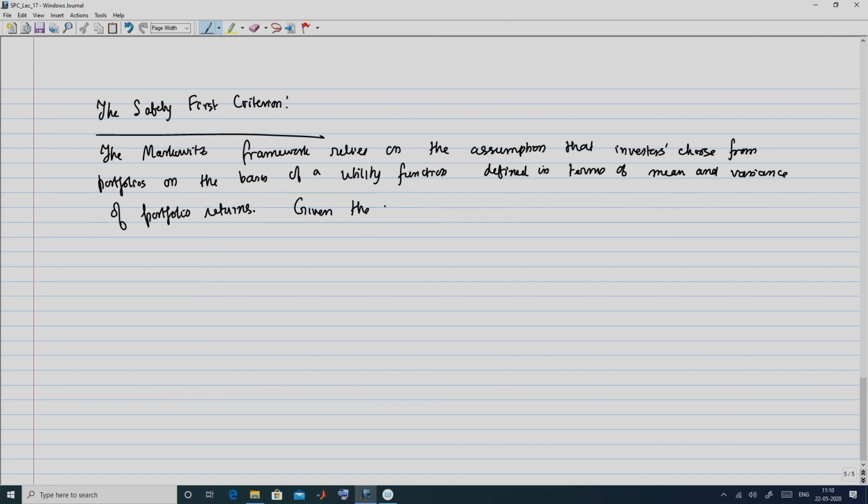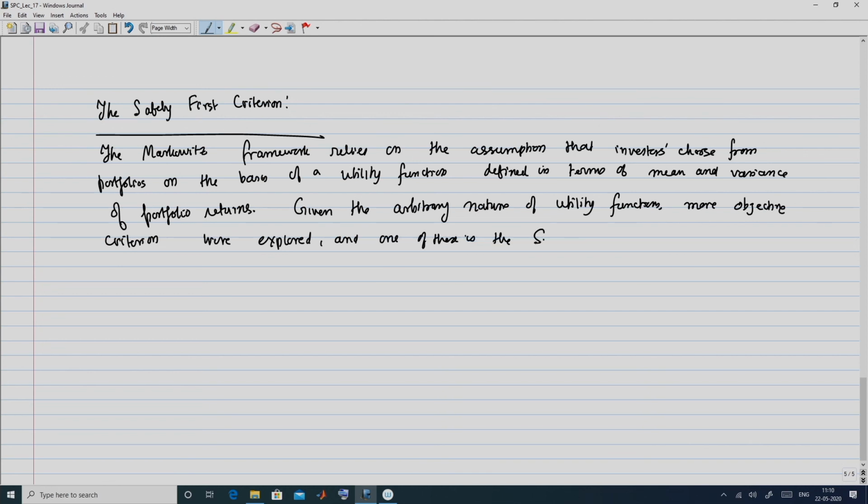Given the arbitrary nature of utility functions, more objective criteria were explored, and one of this is the safety first criteria.